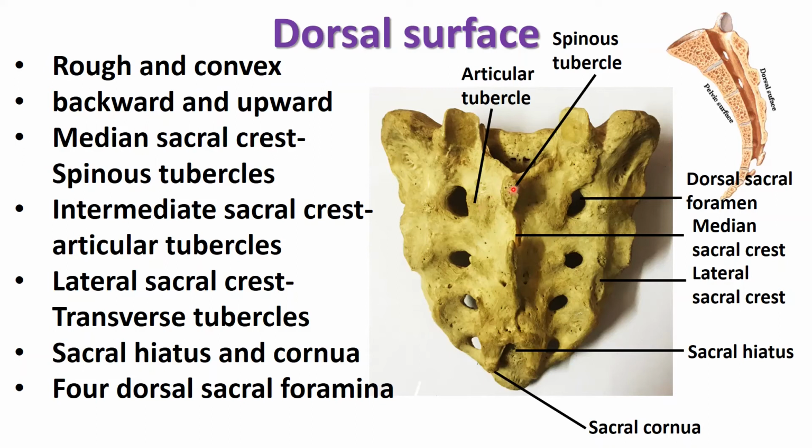In the middle, the dorsal surface bears a raised, interrupted median sacral crest with 3 or 4 spinous tubercles. This median sacral crest represents the fused sacral spines.